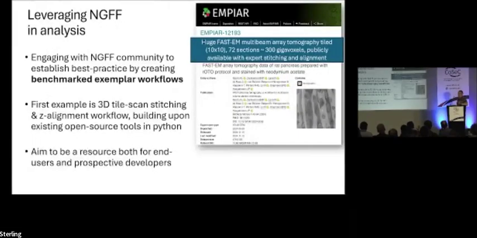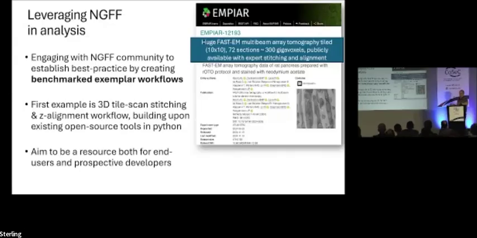So that's something we're trying to do now with our software engineering aspects, is working with the community developing these tools to create some kind of exemplar workflows. So really over-engineer, build out workflows, very elaborate documentation, very elaborate commenting in the code to solve a particular problem.